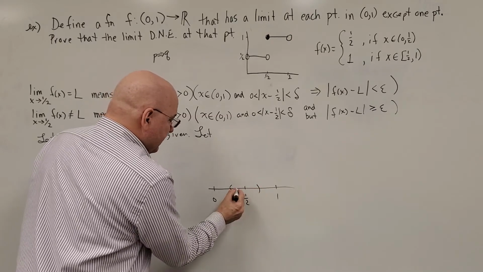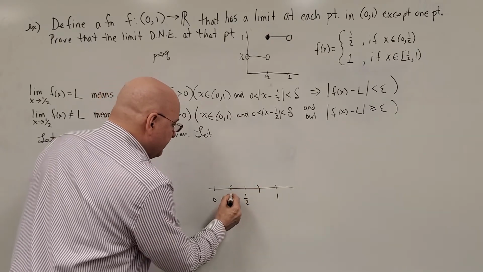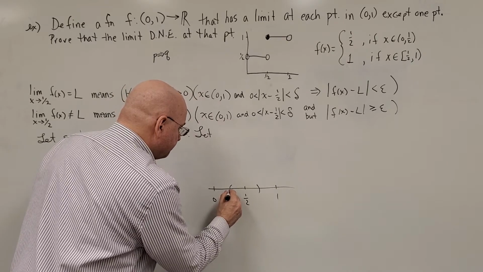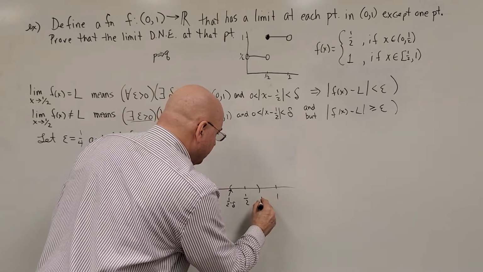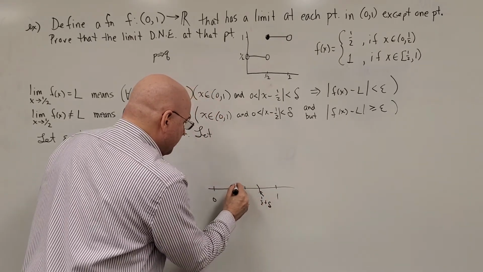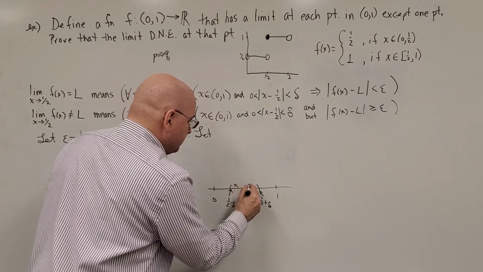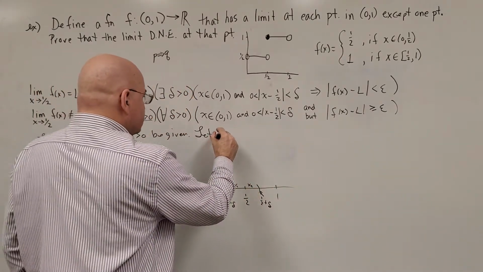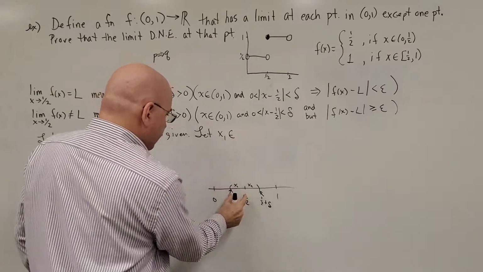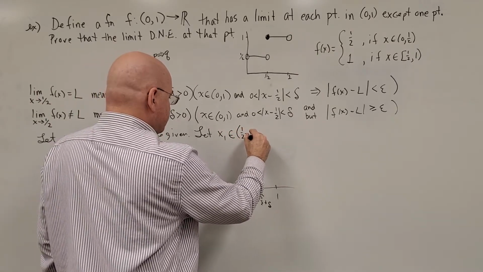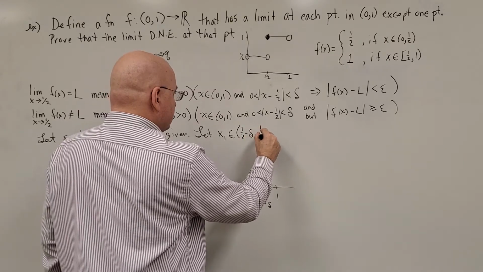I want to choose x1 to be within, let's see, this would be 1/2 minus delta, and this would be 1/2 plus delta. I want to choose x1 to be in this region and x2 to be in that region. So I'm going to say let x1 be an element of 1/2 minus delta to 1/2.